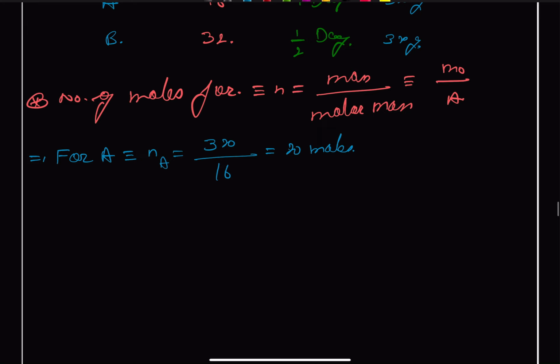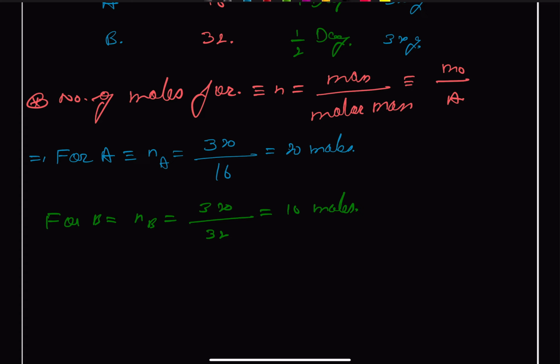and for B, that is Nb, we have 320 divided by 32, giving us 10 moles.